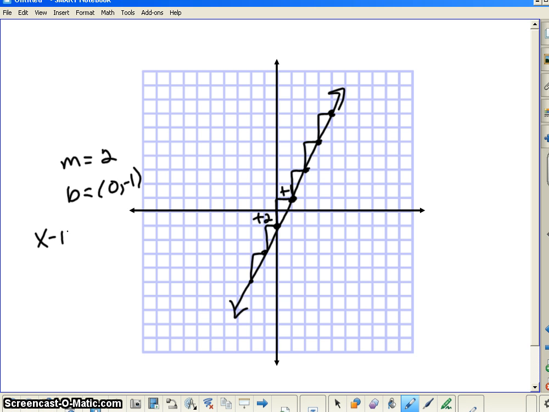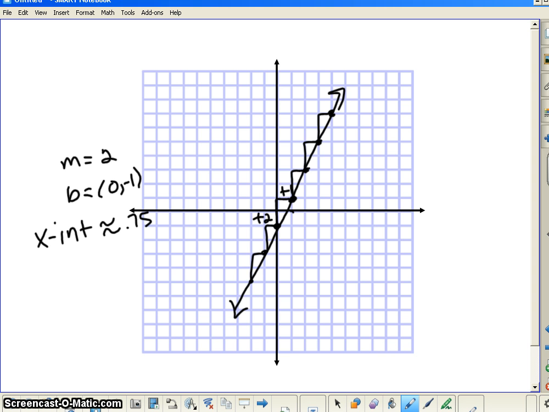Okay, what's my x-intercept? Approximately. Here's 1, and here's a half. So it's somewhere probably, approximately 0.75 or in that area, okay?